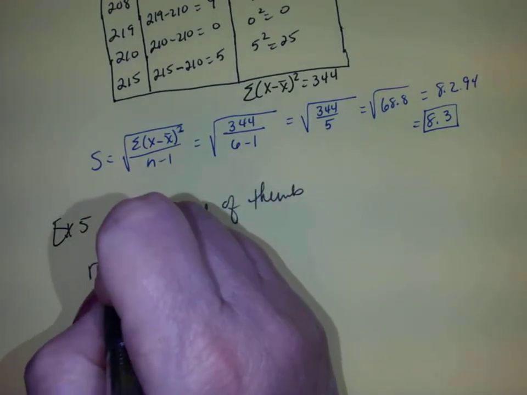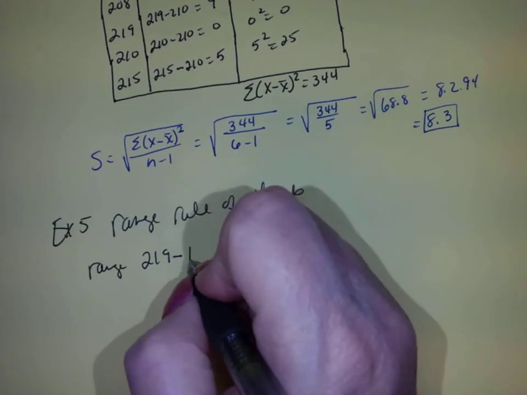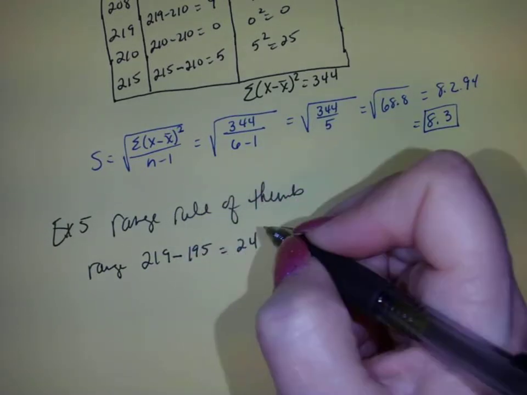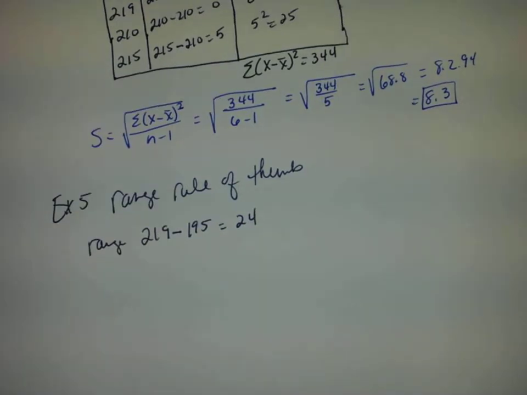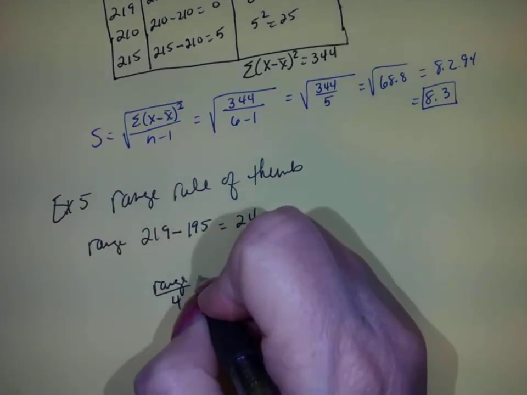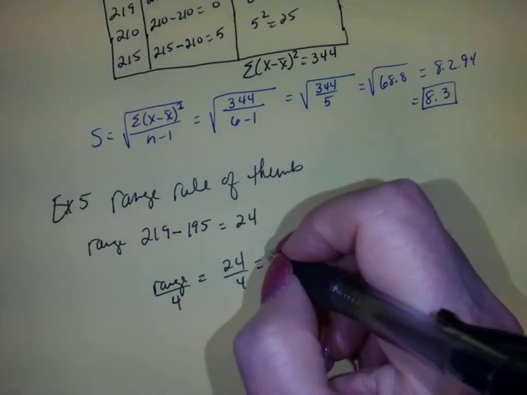So the range is 219 minus 195, and that'll get us 24. So that's our range. And what we want to do is find our range divided by 4. So 24 divided by 4 equals 6.